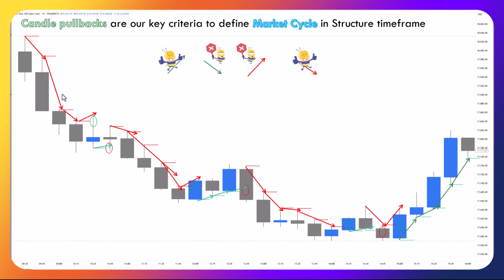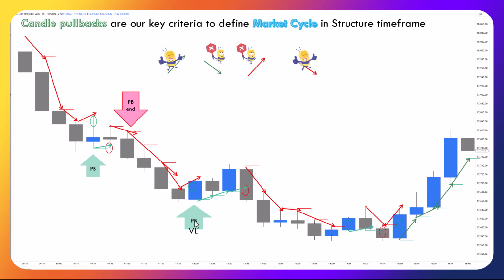Okay. Now, if you look at the highs and lows, this phase is pullback, this phase is pullback, this phase is pullback, this phase is pullback, and this phase is pullback, which turns out to become a reversal leg. So here we have a pullback, and the pullback here happens again.